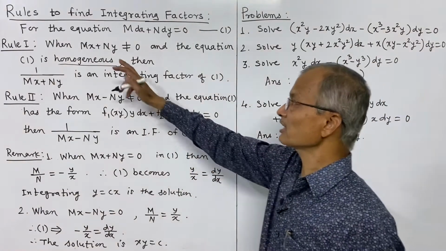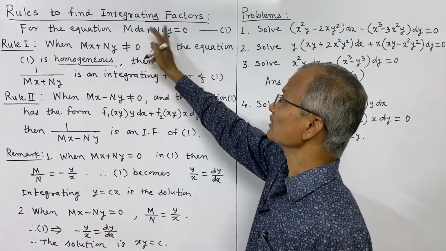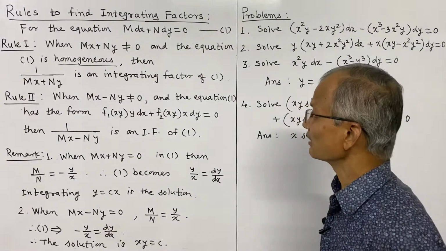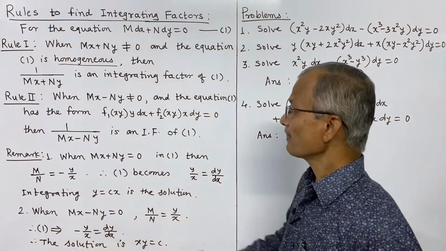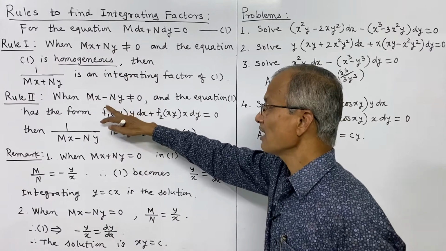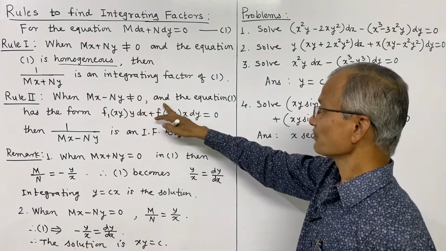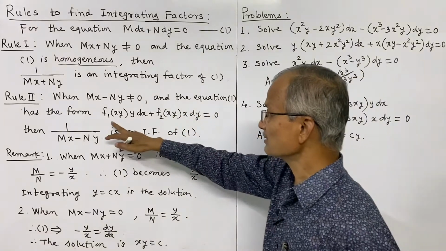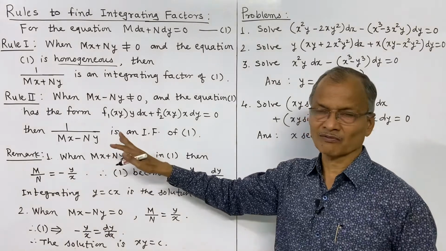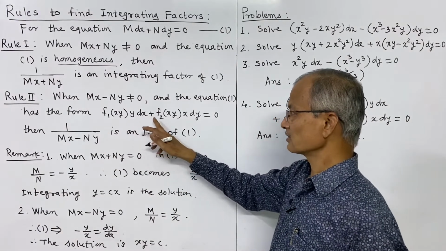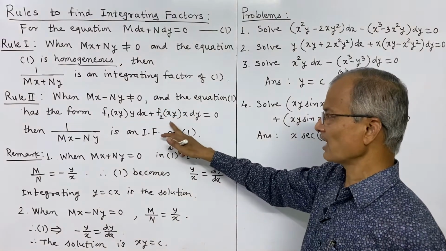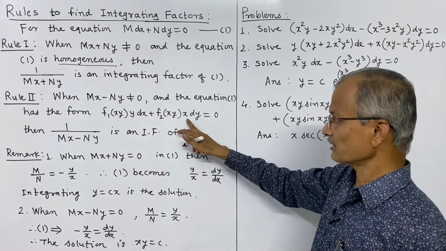So that is the first rule. Check that Mx plus Ny is non-zero and the equation is homogeneous, then 1 upon Mx plus Ny is an integrating factor. The second rule is when Mx minus Ny, instead of plus there is minus, is not 0 and the equation 1 has the form f1 of xy, some function of xy, into y dx, plus f2 of xy, another function of xy, into x dy equal to 0.